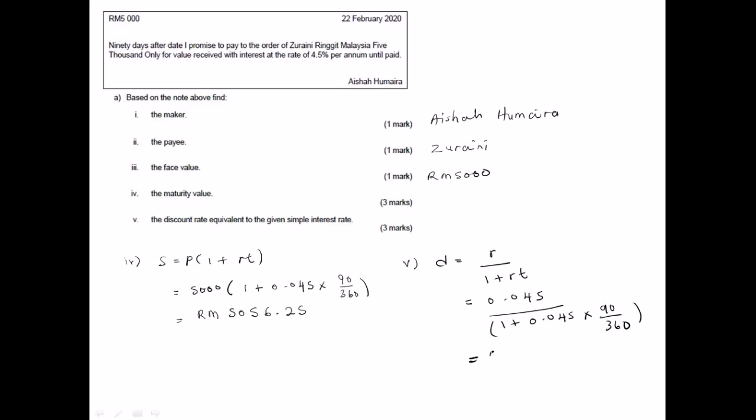We get 0.04449. So I take 0.0445 multiplied by 100. We get 4.45% as the final answer.